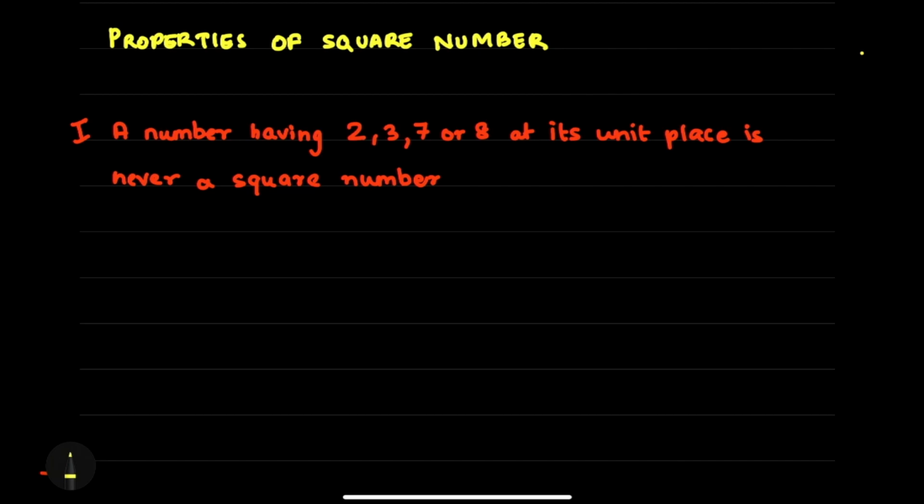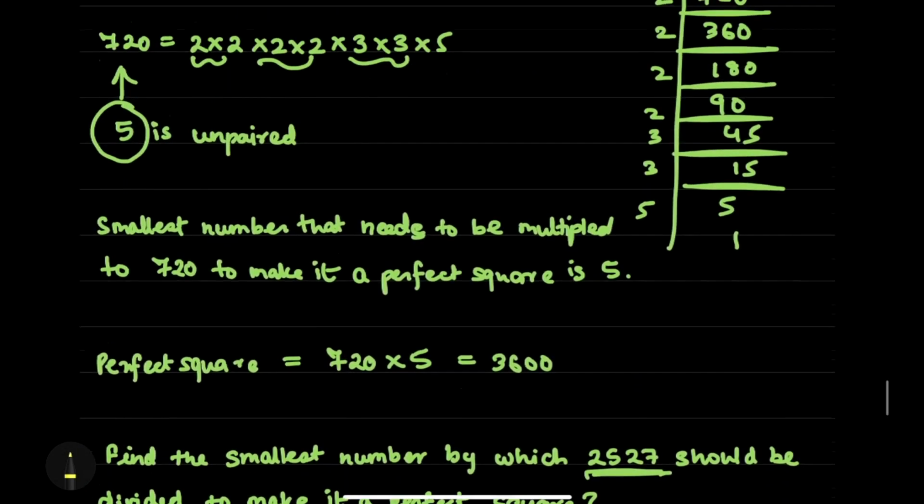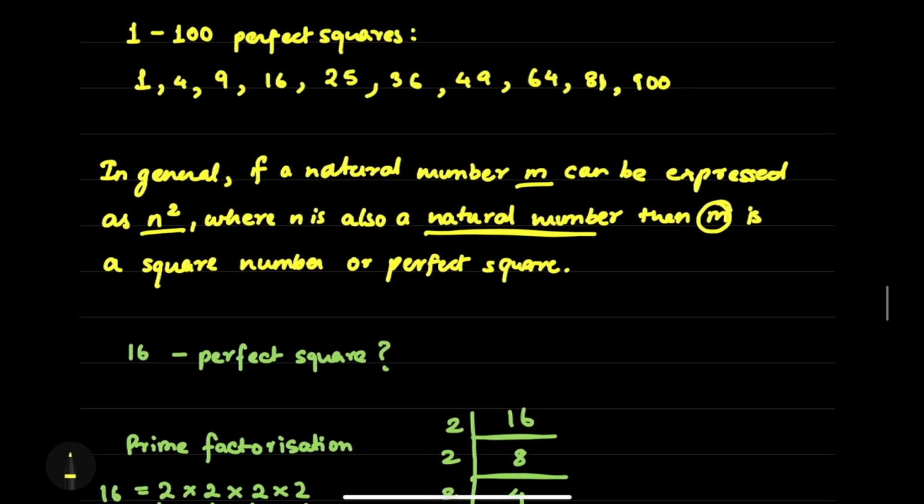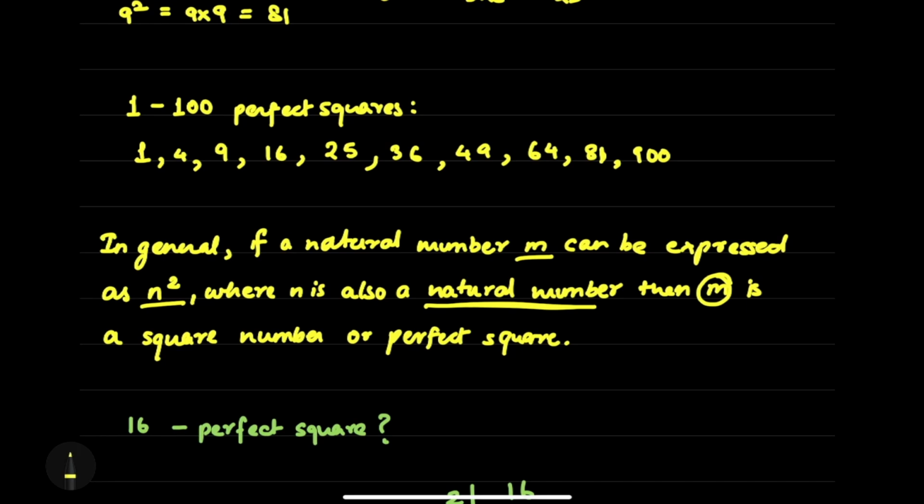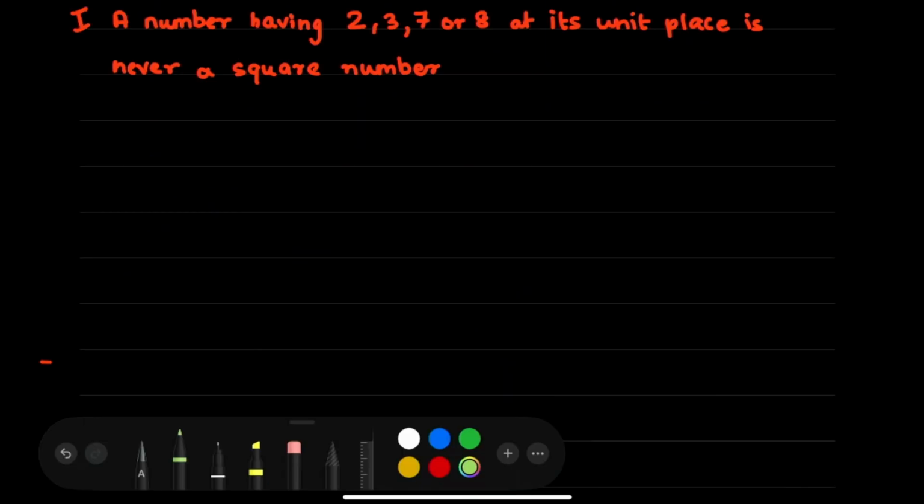Let's go back a few steps and see the 1 to 100 perfect squares here: 1, 4, 9, 16, 25, 36, 49, 64, 81, and 100. So our first property says that if the number has 2, 3, 7, or 8 in its unit place, it is never a square number, and that is evident from our 1 to 100 perfect squares.